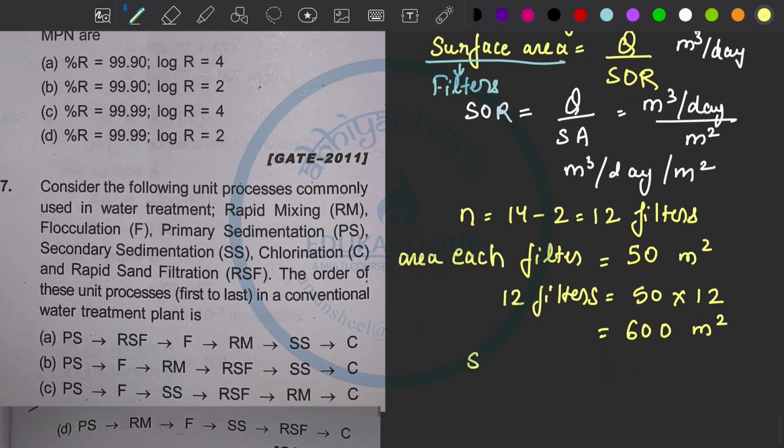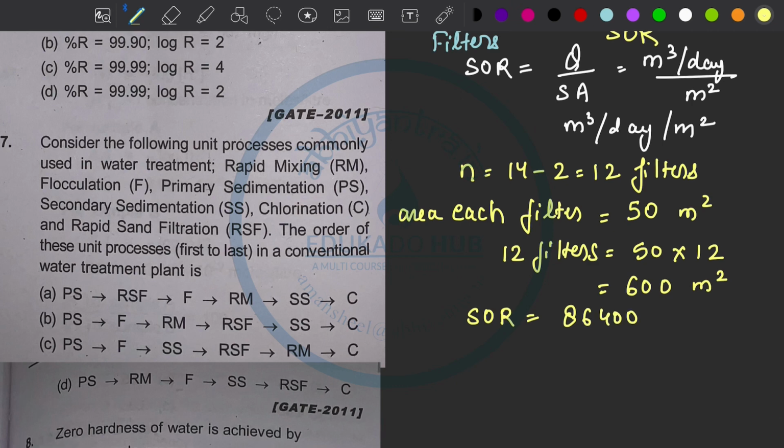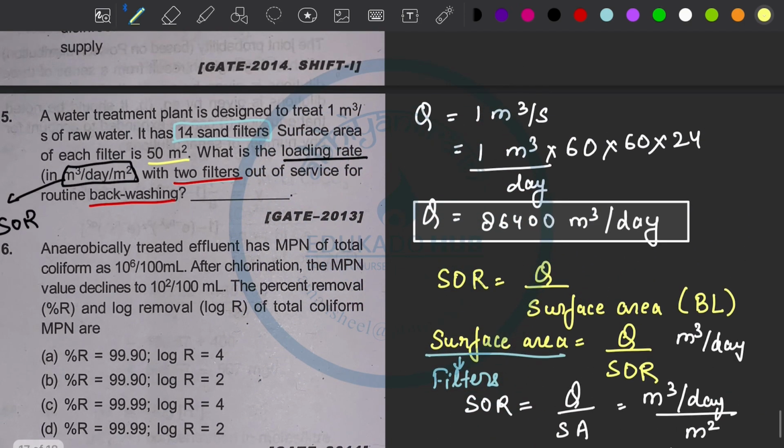So the surface overflow rate or the loading rate is the discharge, 86400, divided by 600 meter square, in meter cube per day per meter square. So it comes as 144 meter cube per day per meter square. So the answer we can write here is 144.